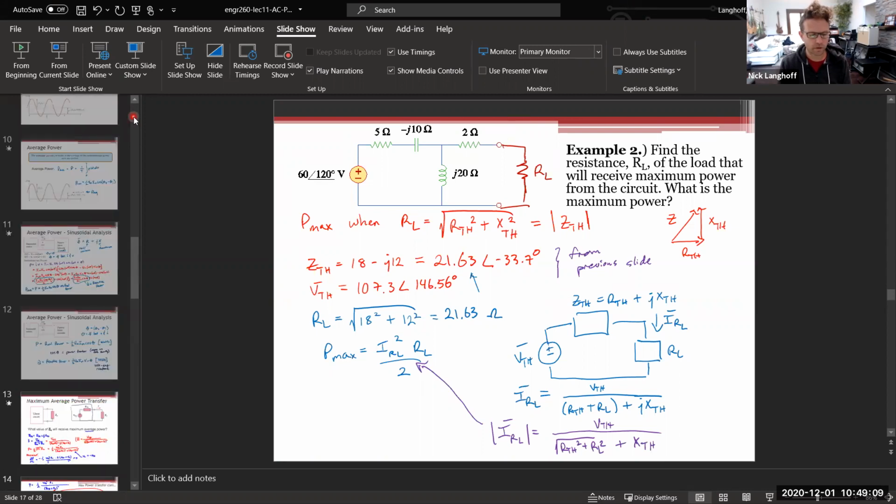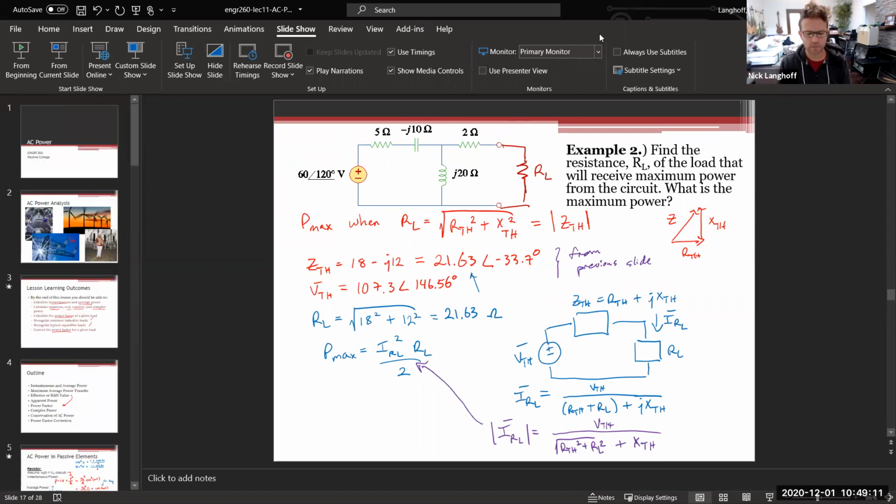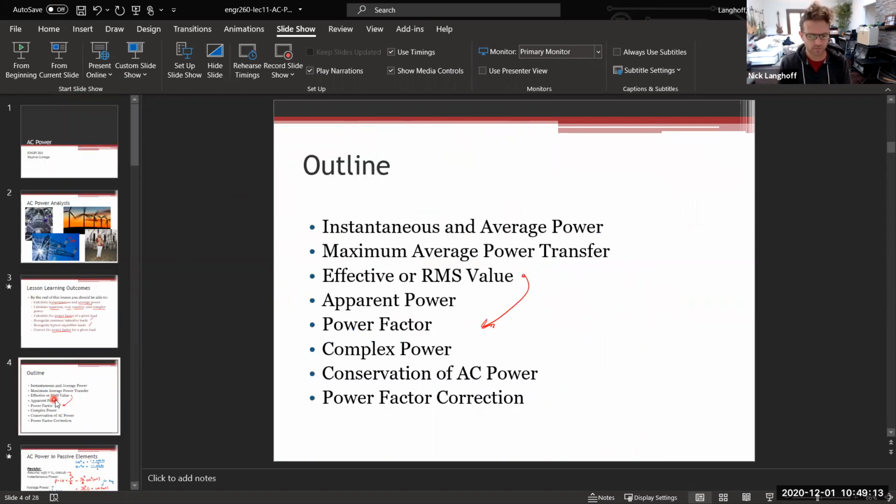We'll pick up the discussion and talk about effective or RMS power, apparent power and power factor, complex power, and power factor correction. We'll cover those on Thursday.